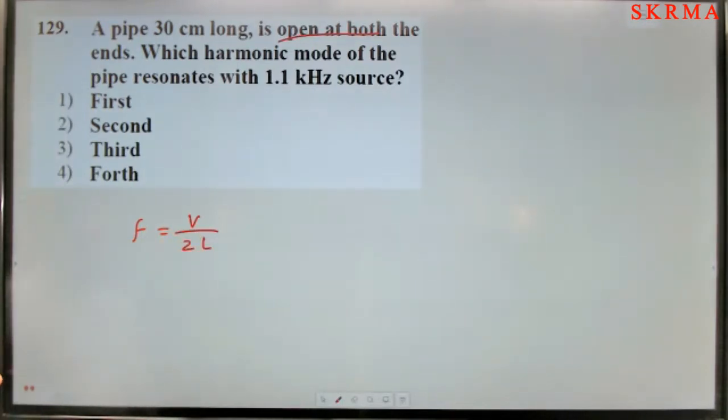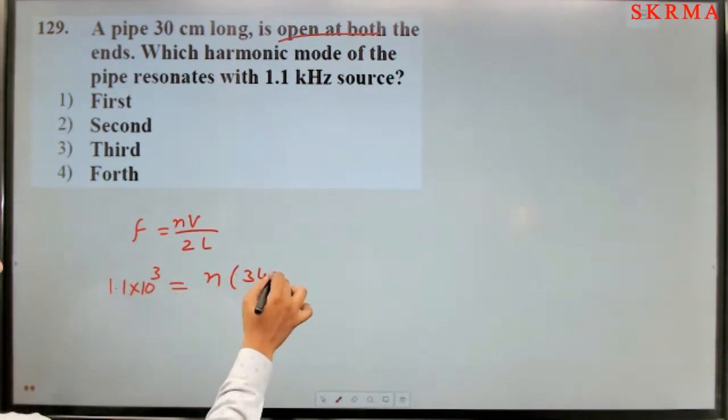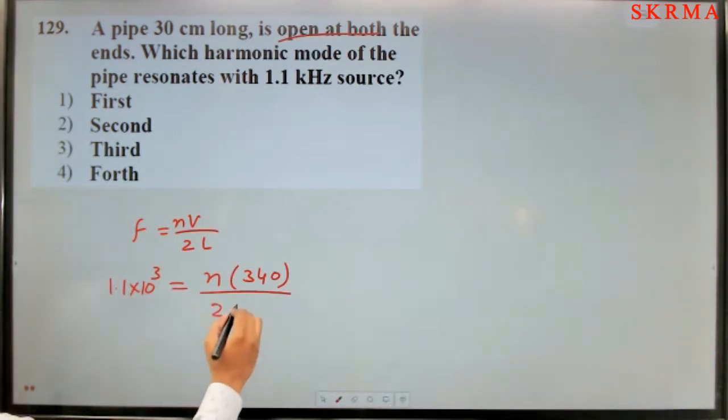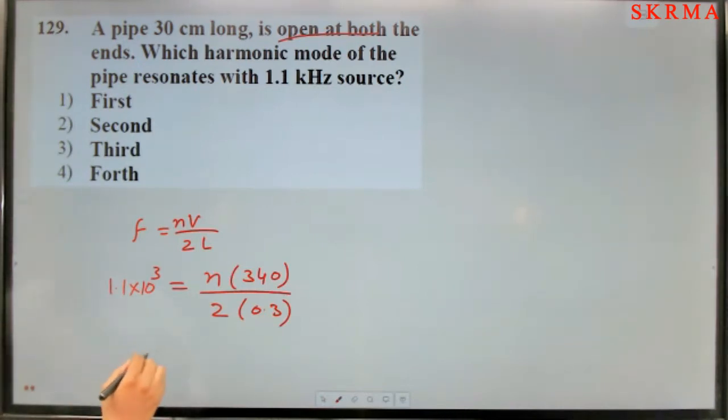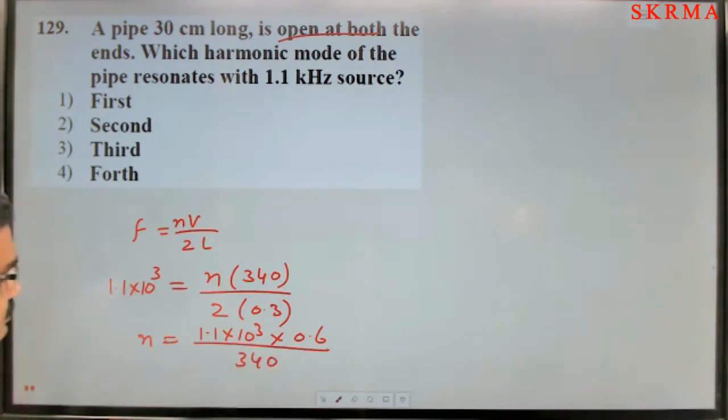Now if it is the nth harmonic, n v by 2L, just substitute the values and solve. 1.1 kilohertz, 10 power 3, equal to n into velocity of sound, take it as 340, by 2 into length 30 centimeter, 0.3. Now cross multiply. So n equal to 1.1 into 10 power 3 into 0.6 by 340.